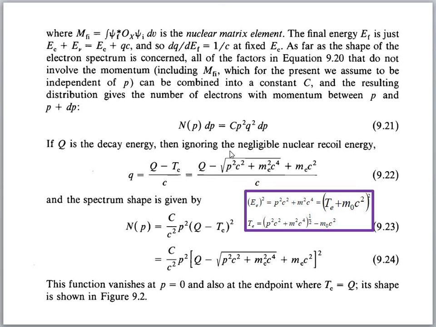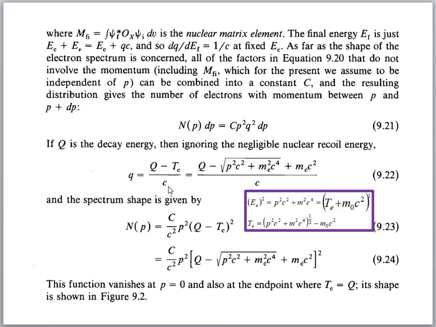Q is the decay energy, the energy coming out from the nucleus. This equals the kinetic energy of the neutrino and the electron. So Q is equal to the kinetic energy of the neutrino plus Te, where Te is the kinetic energy of the electron. From that expression, we can write the momentum of the neutrino as q = (Q − Te)/c.